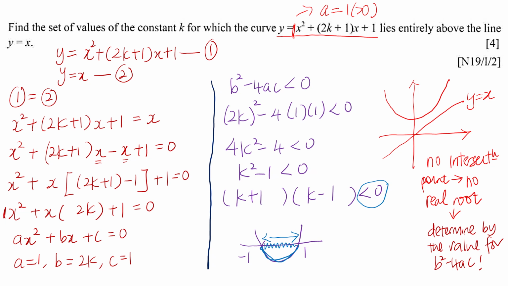So in other words, your k can be anything that's more than -1, less than 1. And if the value of k is anything more than -1, less than 1, that will give you this situation where the curve lies entirely above the line y equals x.